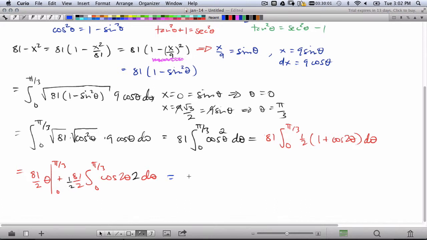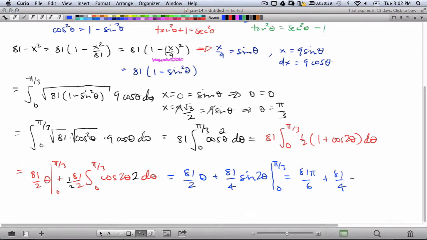And we have 81 over 2 theta plus 81 over 4, and the integral of cosine 2 theta is sine 2 theta. And we're evaluating that from 0 to pi over 3. If we substitute pi over 3 in, we'll have 81 pi over 6 plus 81 over 4 times sine of 2 pi over 3.